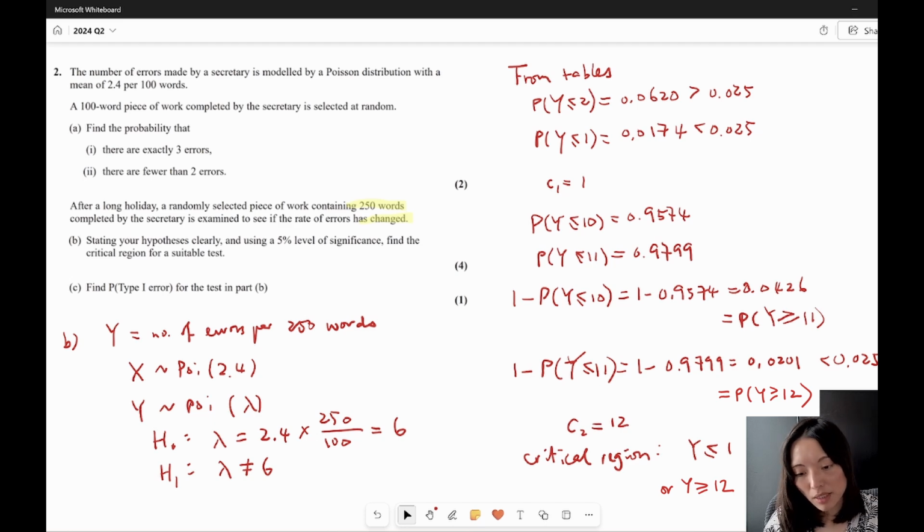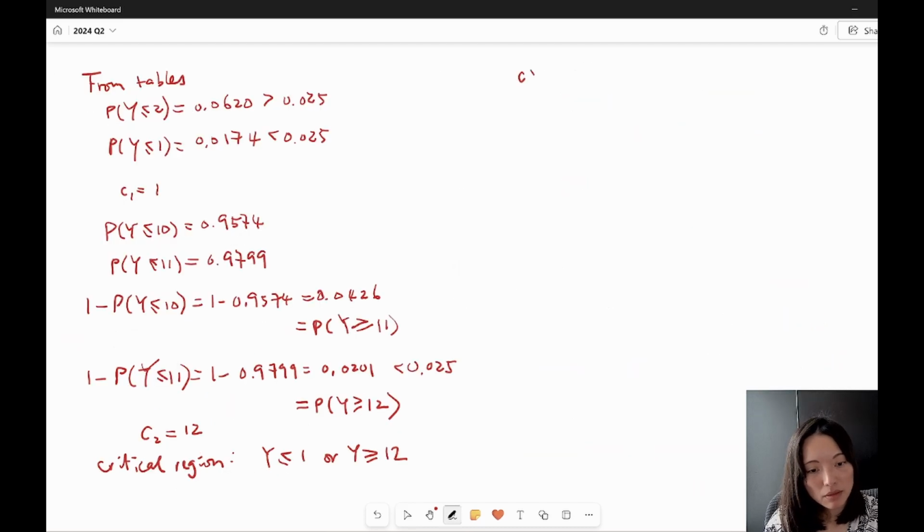Now, part C is asking us for the probability of a type 1 error for the test in part B. The probability of a type 1 error is the probability of rejecting H0 if H0 is true.